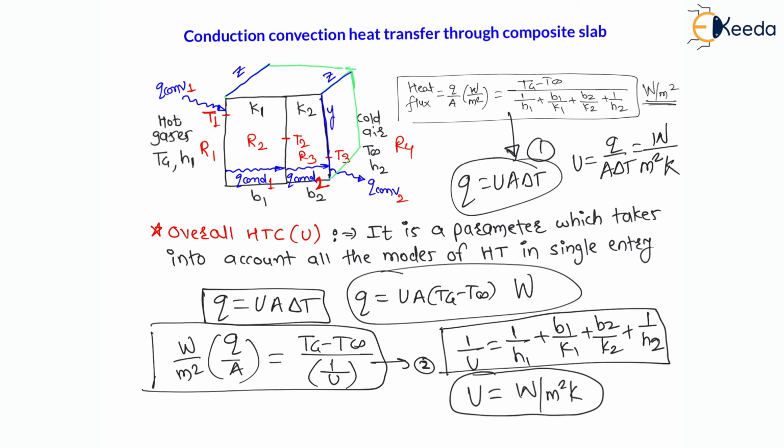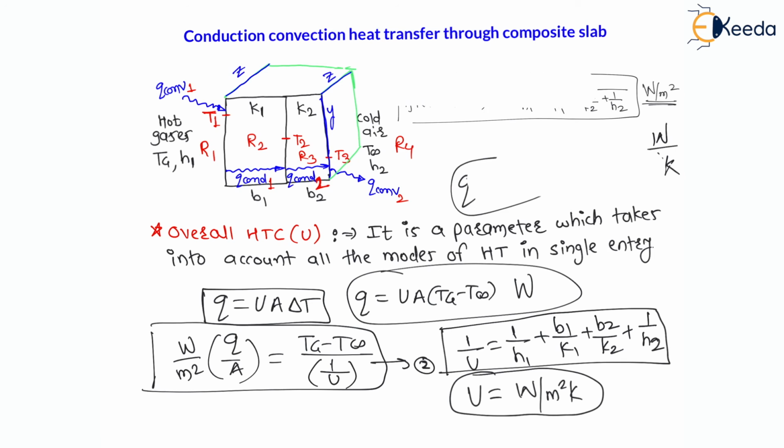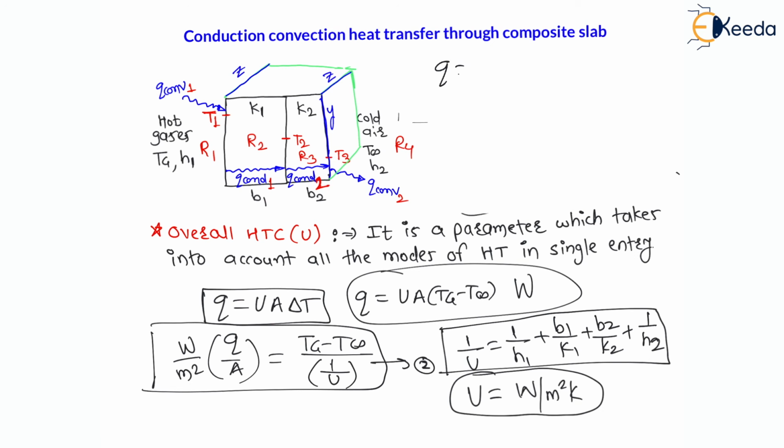Now let us understand here. If this overall heat transfer coefficient is more, let us say this Q is nothing but UA delta T. Right, in terms of the overall heat transfer coefficient, the heat transfer can be defined as UA delta T, which is also written as delta T divided by 1 upon UA, which is nothing but delta T divided by R total.